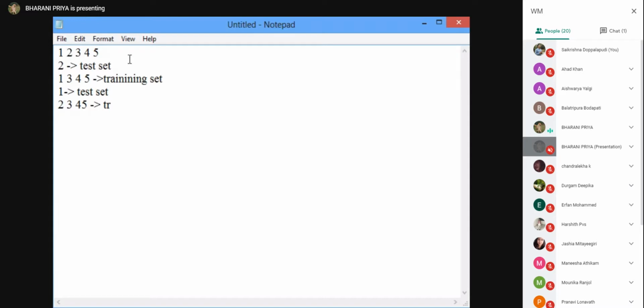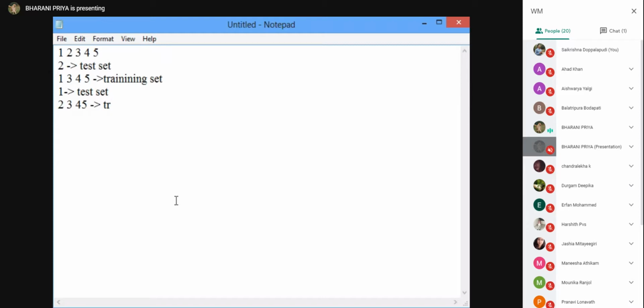If you take another combination, you get another accuracy. Whichever gives the best accuracy, you consider that as the training set and the other as the test set. So you are tuning the parameters for which to take as training or testing.